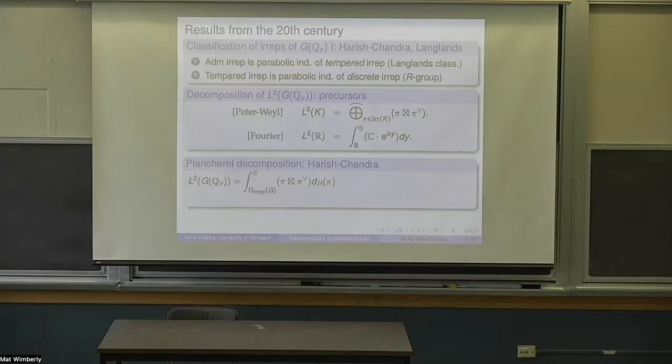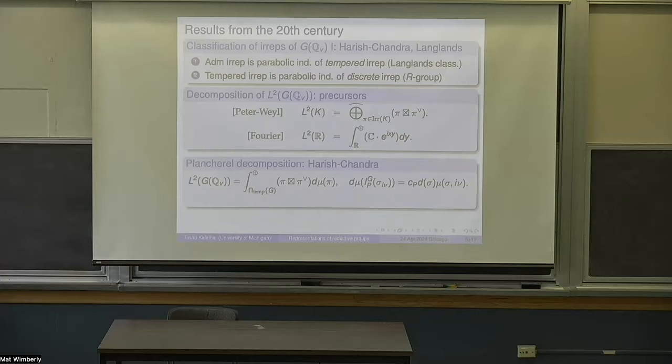But it turns out that the Plancherel measure is supported only on the subspace of tempered representations. Those are the ones that showed up here. And not only that, but Harishchandra was able to explicitly identify the measure with respect to which this direct integral is taken. And this measure contains quantities related to the construction of tempered representations in this bullet point 2. So a tempered representation occurs in the parabolic induction of a discrete series representation.